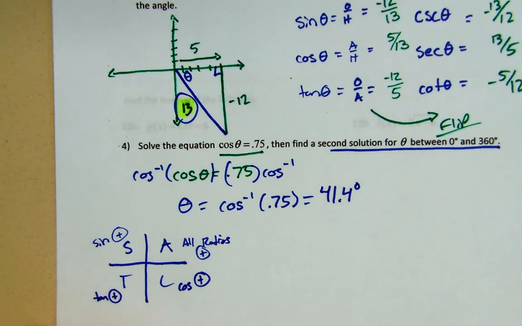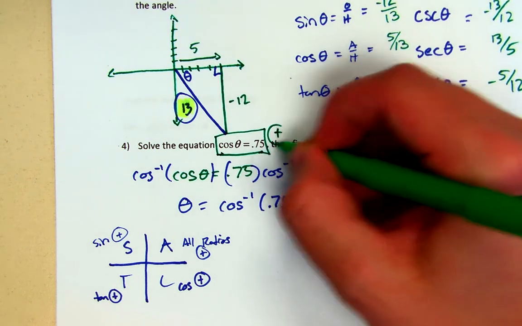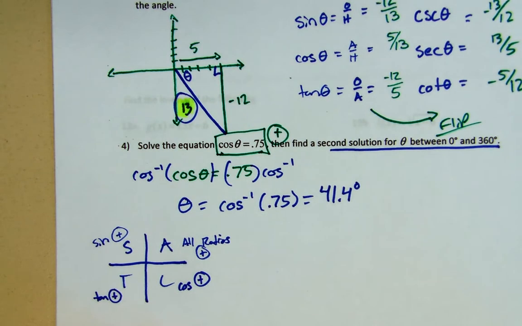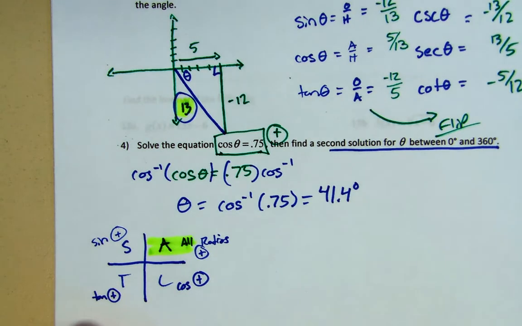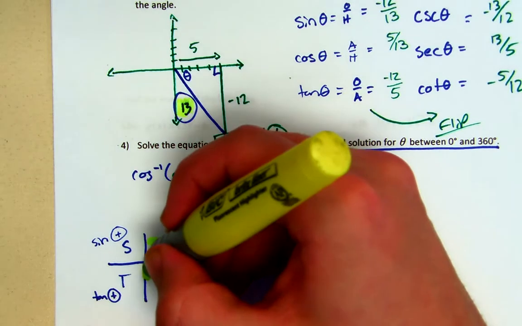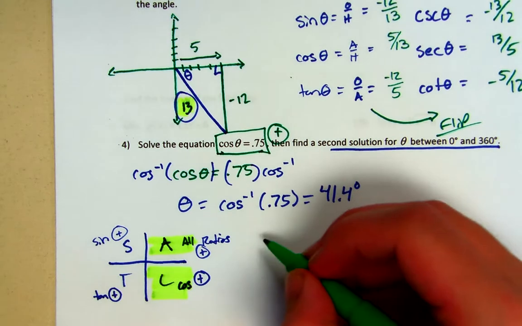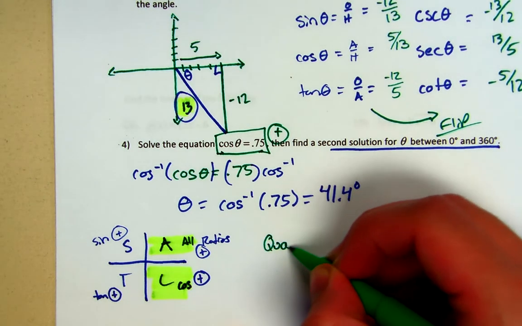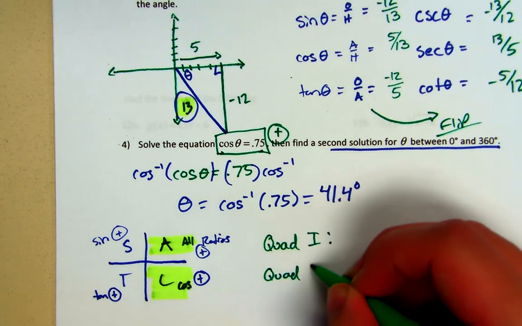So we had cosine in the beginning, and it was positive. So where is cosine positive? That's quadrants 1 and 4. So I need an answer in quadrant 1, and an answer in quadrant 4.